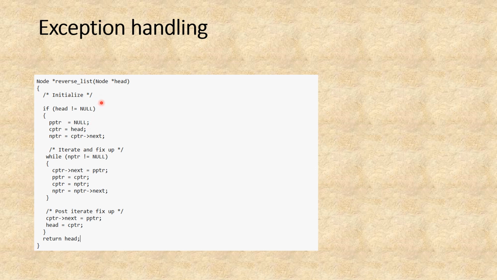If the head is present, or if the head is not a null node, we go ahead and do exactly the same work as before, and if the head is null, we just return the null value which we have obtained from outside the if condition. If we don't do this, the program is going to crash over here when we try to find a CPTR arrow next. Hence the need for exception handling.